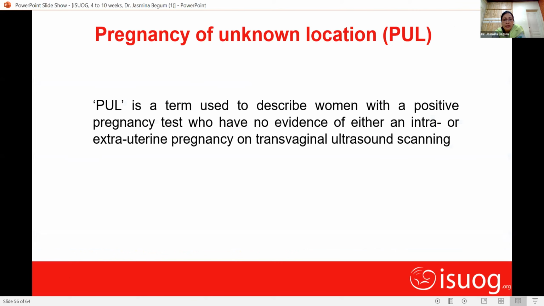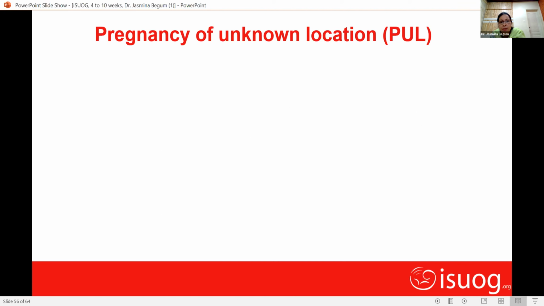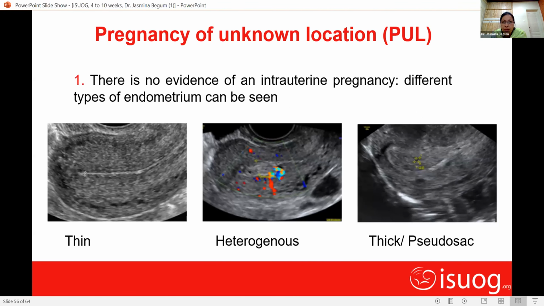Then the most important thing is the pregnancy of unknown location. This term is used to describe women with a positive pregnancy test who have no evidence of either an intrauterine or extrauterine pregnancy on transvaginal ultrasound. Usually the patient comes with a history of amenorrhea, the pregnancy test is positive, and when you scan, you do not see any G-sac, neither inside nor outside the uterus.